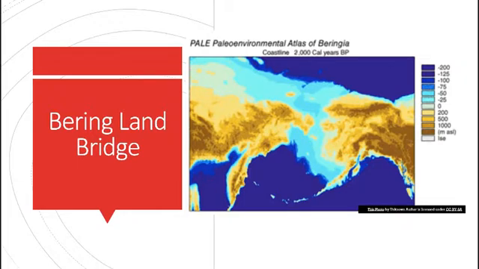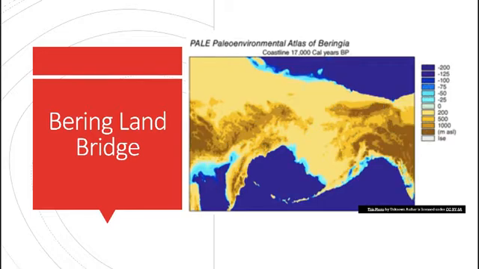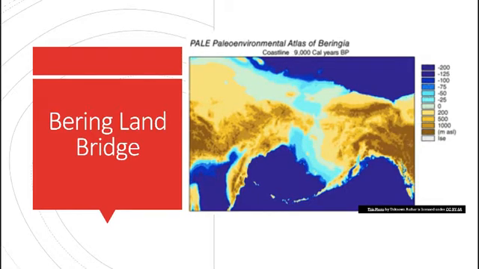They follow the migrations of animals, so they hunt and gather and follow the food. Well, during this Great Ice Age, this land was exposed, and humans that made their way up from Africa, across Europe and Asia, eventually made their way across this Bering Land Bridge, bringing the very first ever humans to North America.